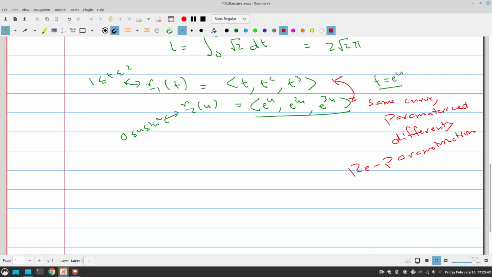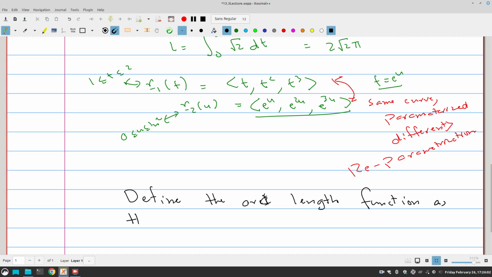Let's define the arc length function, right, as the distance from t equals 0 along the curve.